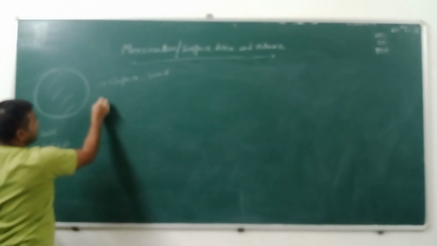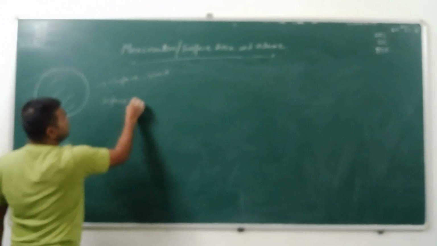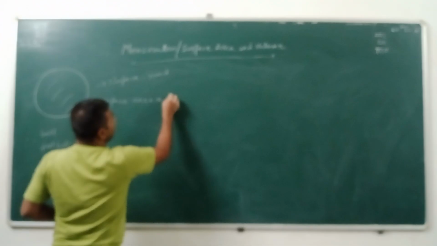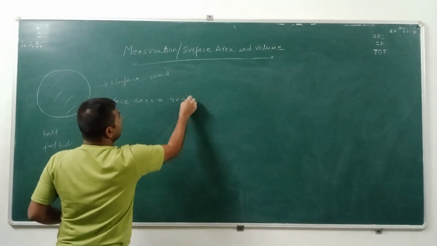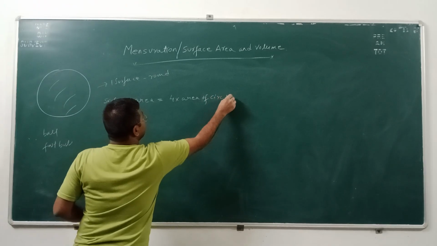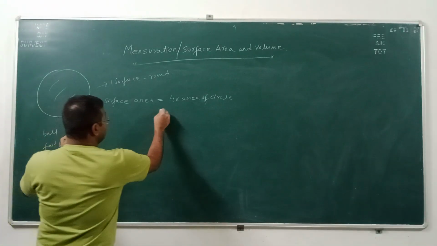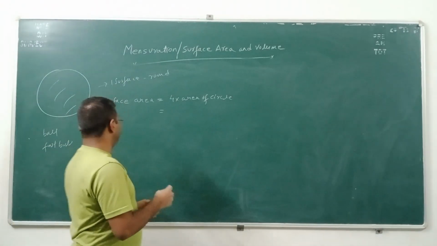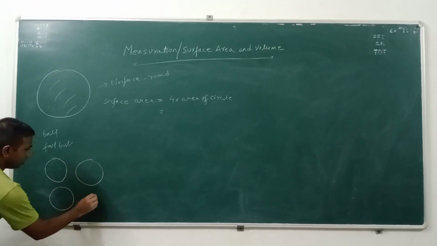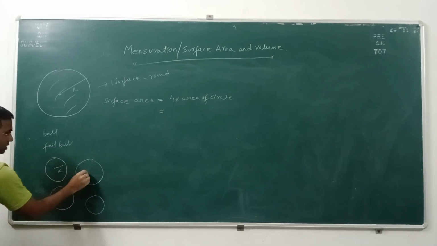Okay, and it has only surface area, no TSA or CSA, and surface area will be 4 into area of circle. 4 area of circle. Okay. So suppose you draw 4 circles of the same radius r.